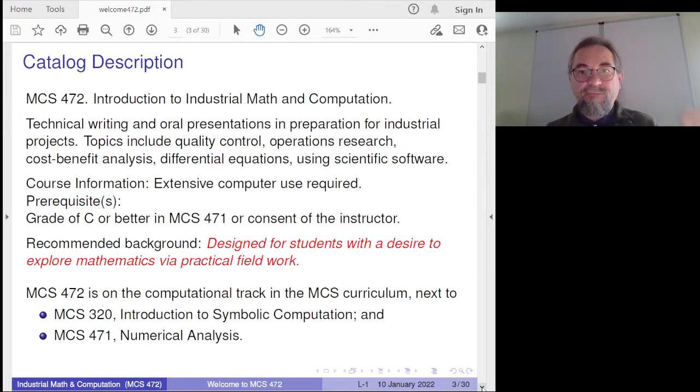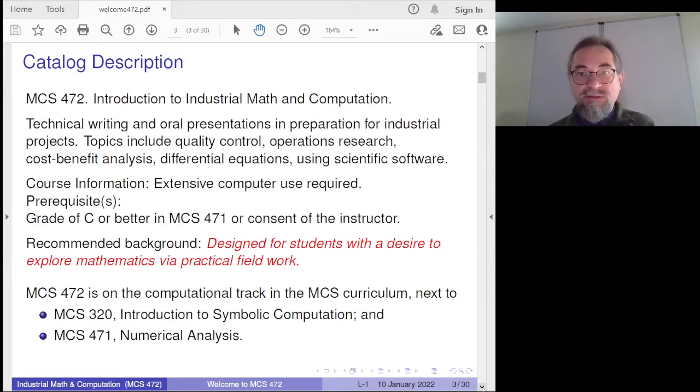If you have not taken numerical analysis, or even if you have not taken symbolic computation, then we will see these courses again in another perspective, a more practical perspective. So 320 is introducing software, so in particular the Jupyter notebook should already be familiar, but if it is not, then we will see plenty of examples of using the Jupyter notebook.